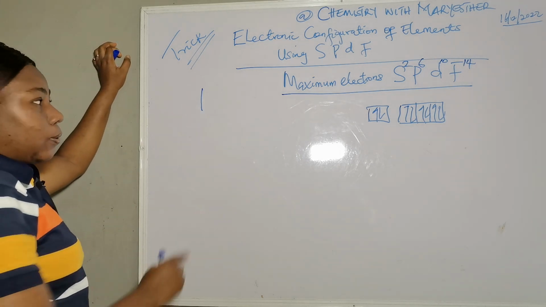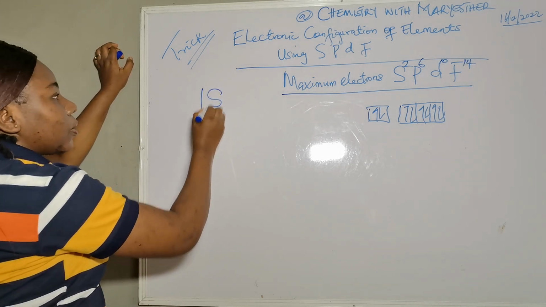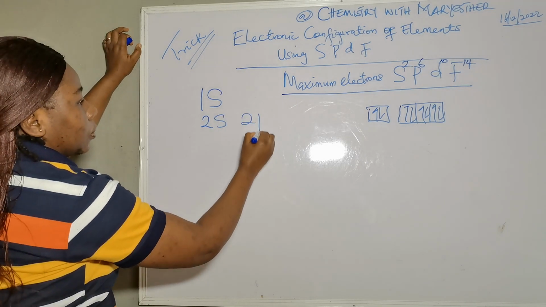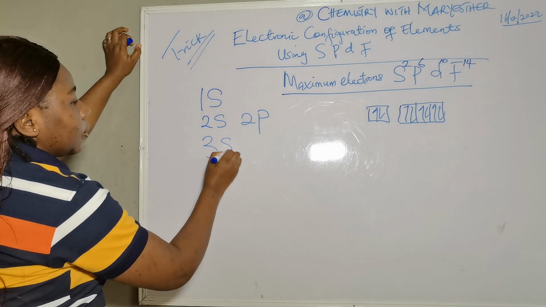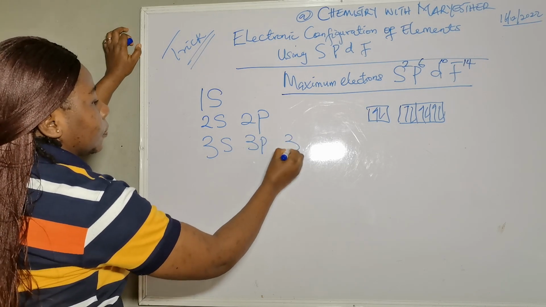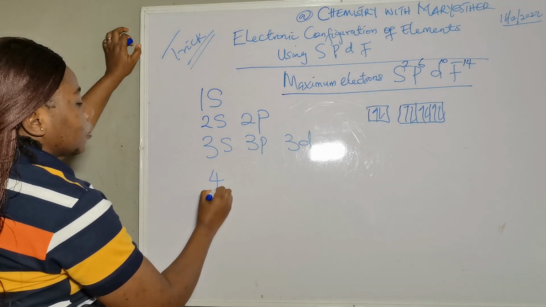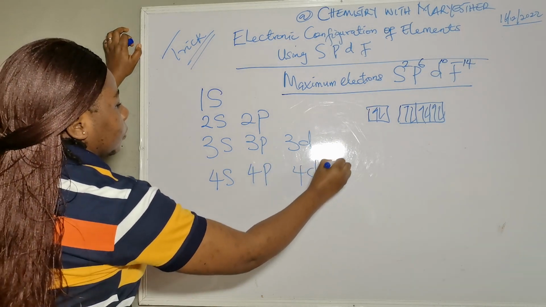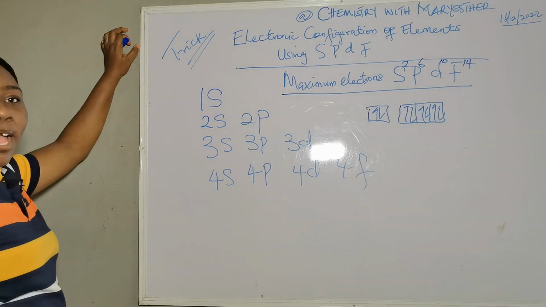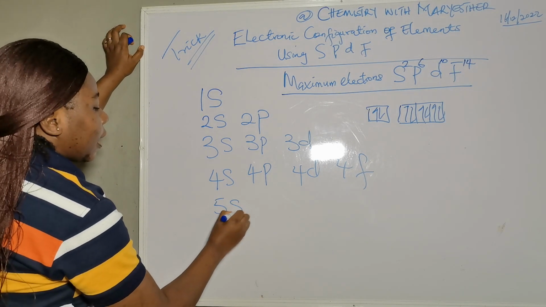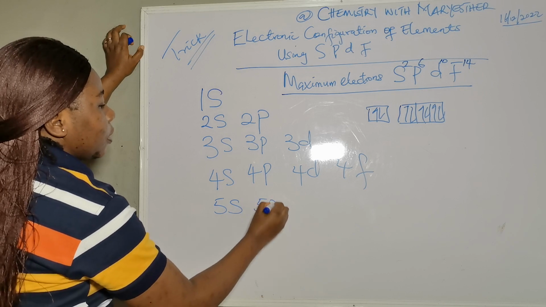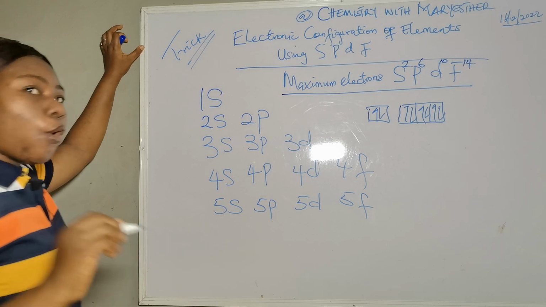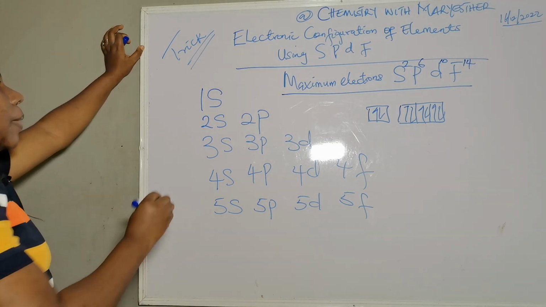The first shell, 1, is like this, shell 2, shell 3, shell 4, shell 5, 5S, 5P, 5D, 5F, and so on. Let's just be quick about it.